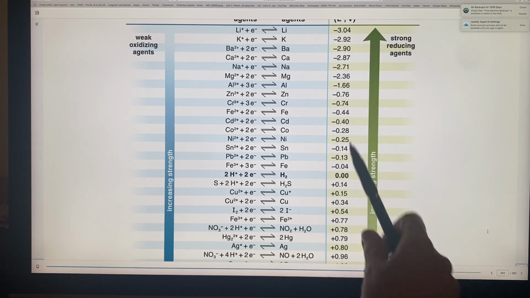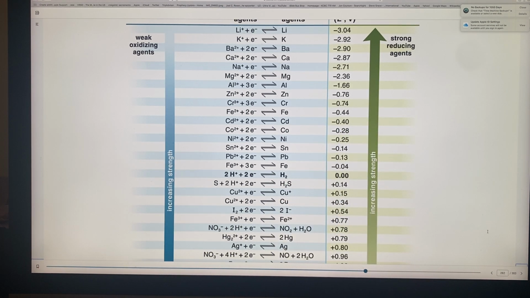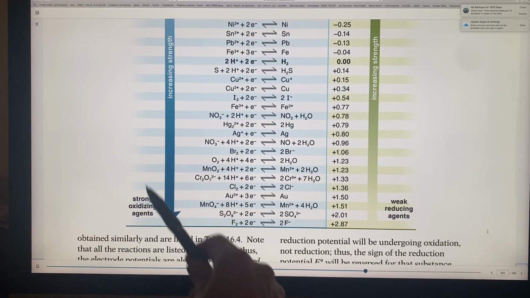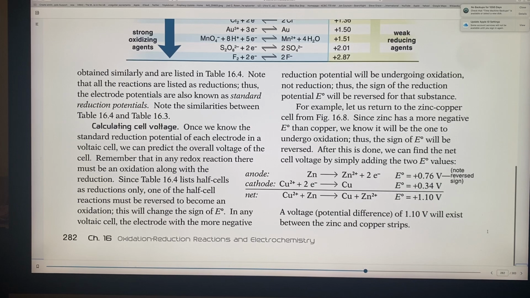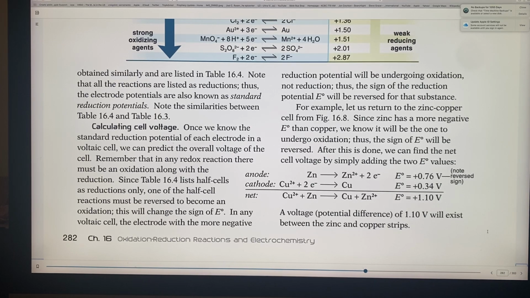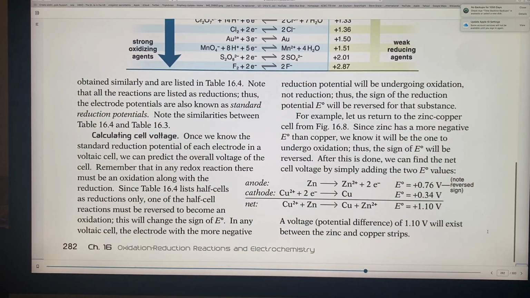Strong reducing agents are going to be the really negative ones, and the strong oxidizing agents are the opposite. I hope you understood this a little bit. Just remember that hydrogen is the standard to measure how active they are.